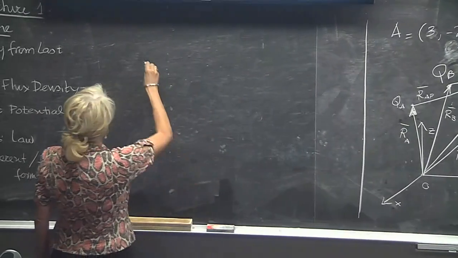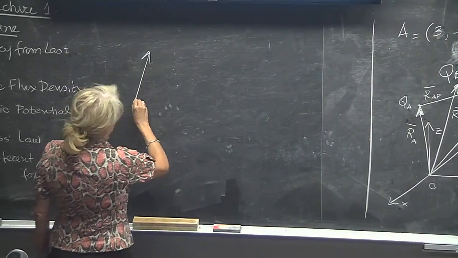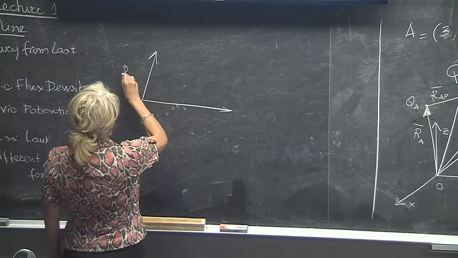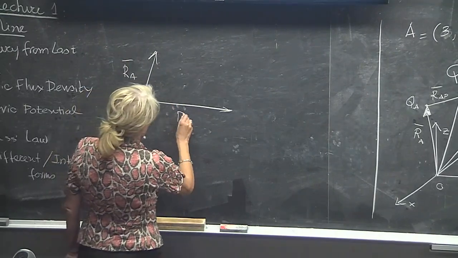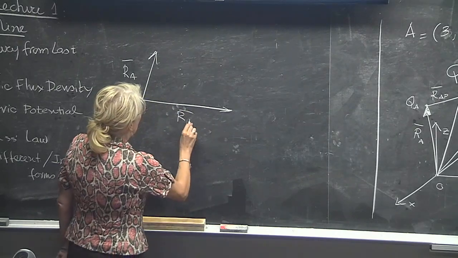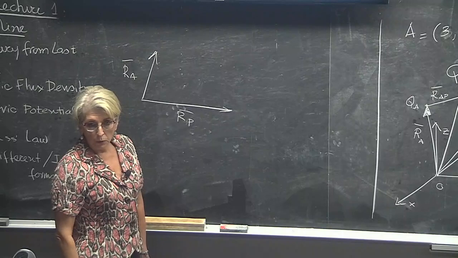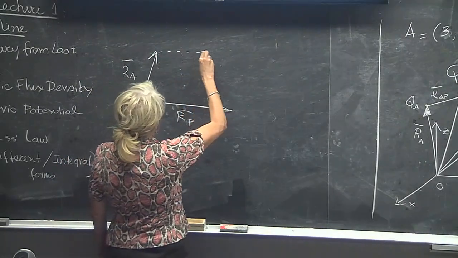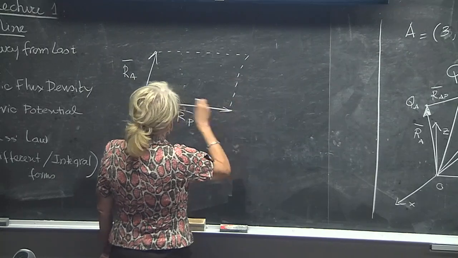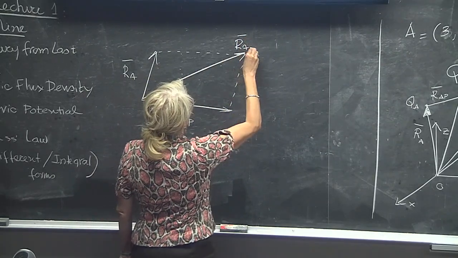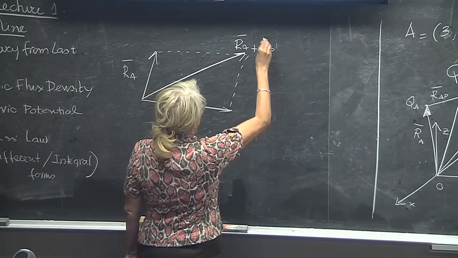Okay, so if you have two vectors like this, vector RA, vector RB, what is the sum of the two? This is RA plus RB.